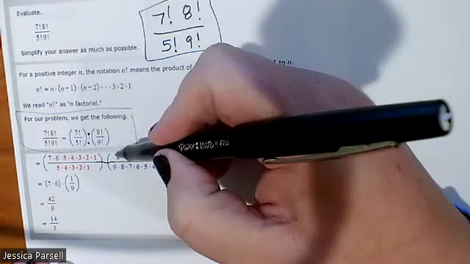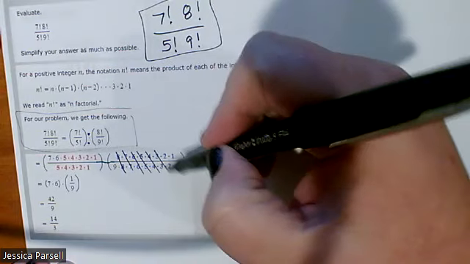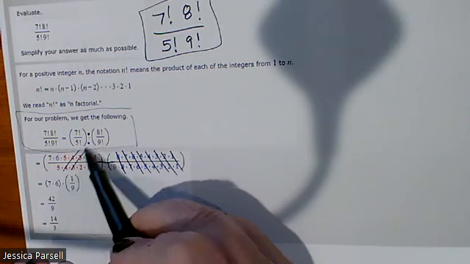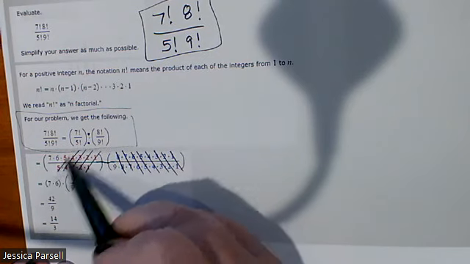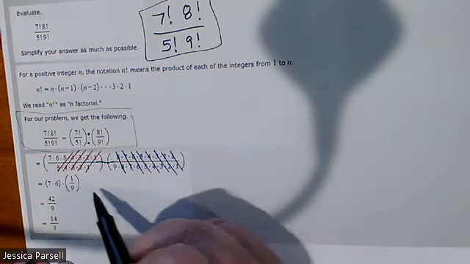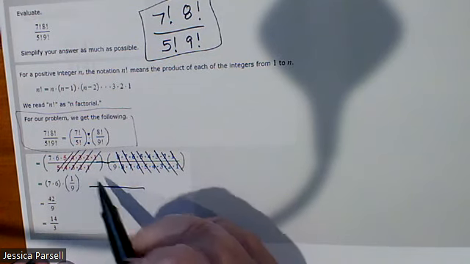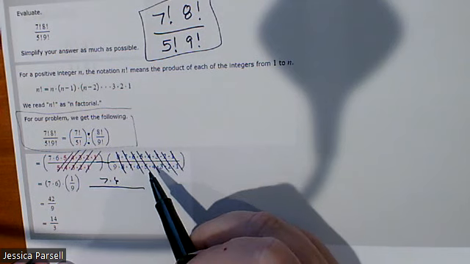Then what's kind of fun about these is you can start canceling like numerators and denominators from each other. So for example, these 8s would cancel, the 7s would cancel, the 6s, the 5s, the 4s, the 3s, the 2s, the 1s. Over here, your 4s would cancel, 3s, 2s, and 1s. Your 5s would cancel. So you'd really be left with 7 times 6 up top and nothing else left standing.